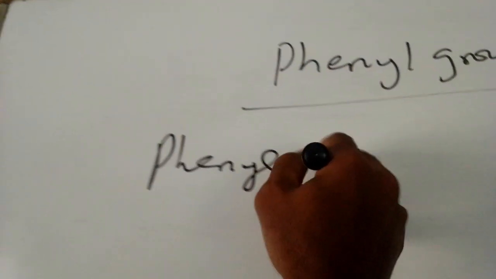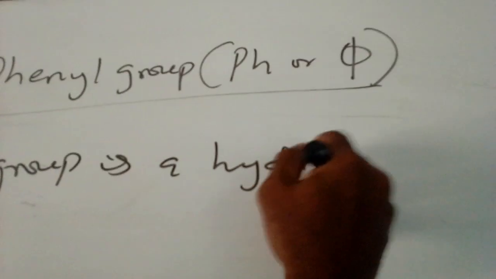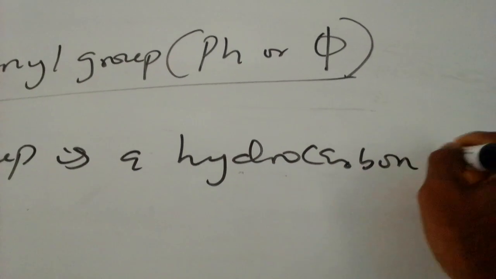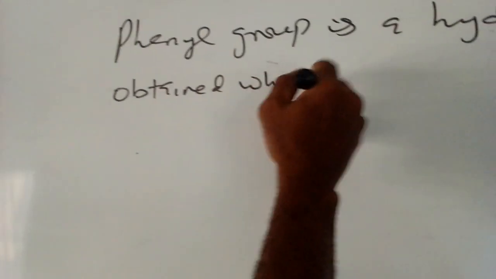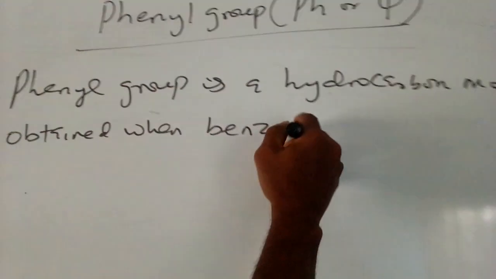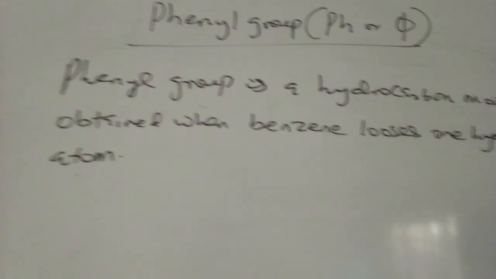So the phenyl group is a hydrocarbon moiety or fragment obtained when benzene loses one hydrogen atom. So when we abstract one atom from the benzene ring, we have a phenyl group.